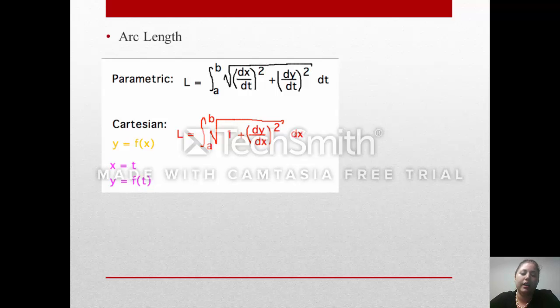Also, L equals the integral from a to b of the square root of 1 plus (dy/dx) squared dx. This is where y equals a function of x. Now if x equals a function of y, L equals the integral from c to d of the square root of 1 plus (dx/dy) squared dy.